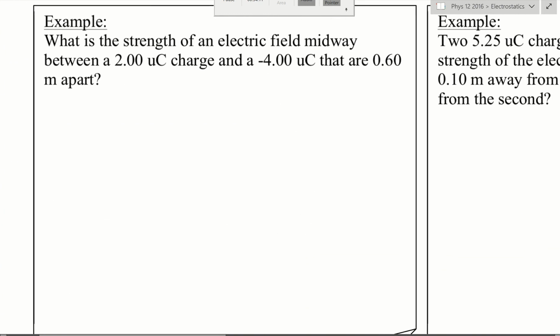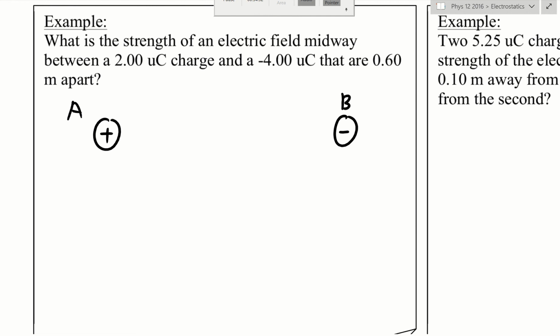So we have two charges. Midway between the two charges, what is the strength of the electric field? We have charge A and then we have charge B. Charge A is positive, charge B is negative. Make sure when you draw the electric field, you know which one is which. So charge A is 2 microcoulomb and charge B is negative 4 microcoulomb.